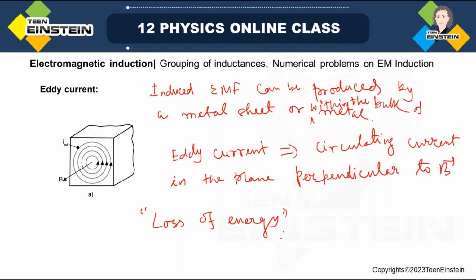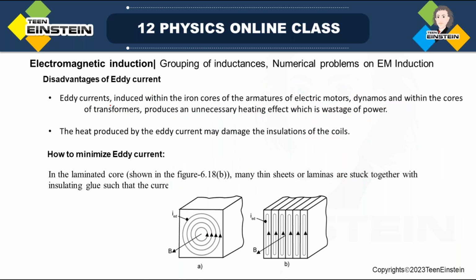Now see, these are the disadvantages. Eddy current induced within the iron core of the armature of electrical motors, dynamos, and within the cores of the transformer produces an unnecessary heating effect, which is wastage of power.